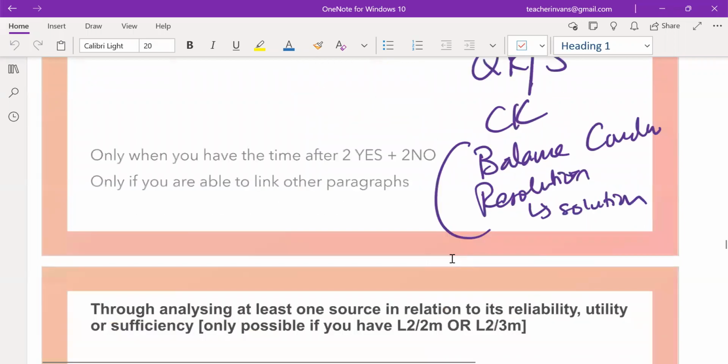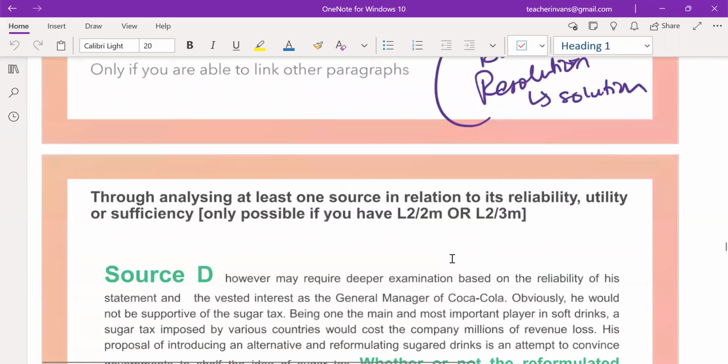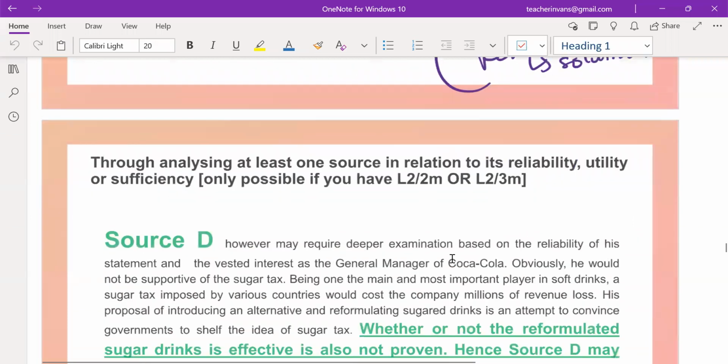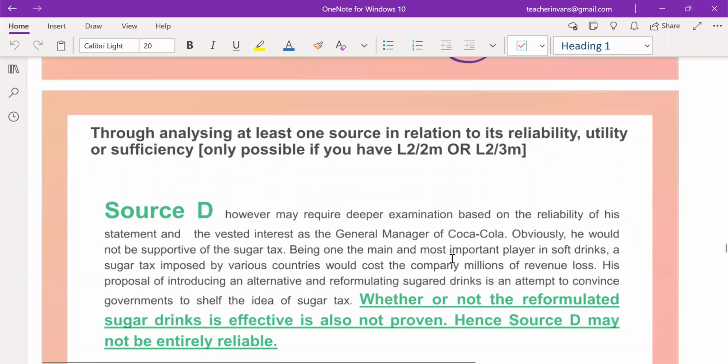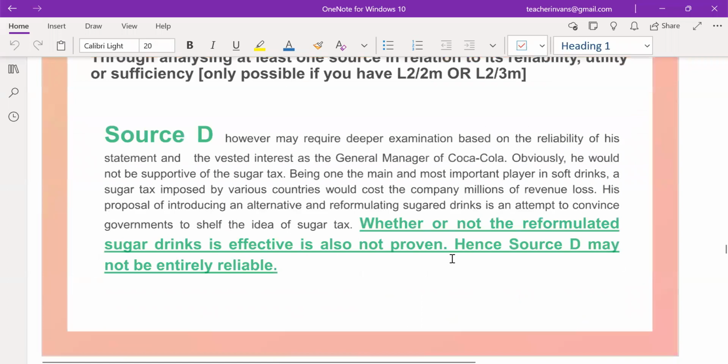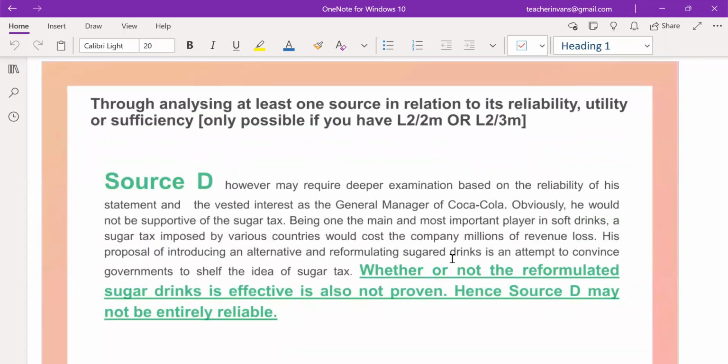Okay. So obviously, I would choose questioning reliability because it's of source D, right? Obviously, he would not be supportive of a sugar tax. He is the general manager of Coca-Cola. It will be a considerable amount of money if there was a sugar tax. Imagine, it is billions and billions of Coca-Cola profit.